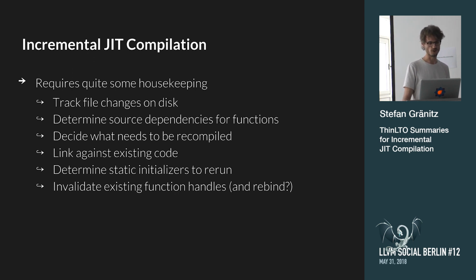We need to determine which static initializers we need to run for which global variables that are new. And we need to invalidate existing function handles that we already provided in some way. Maybe we can even rebind them to the new version if they are compatible.